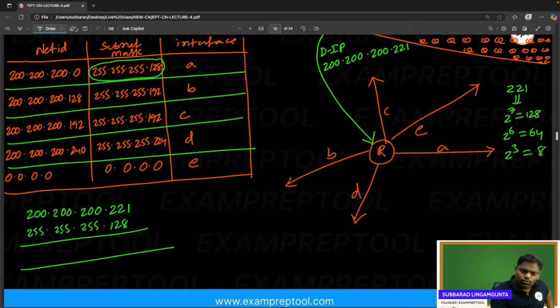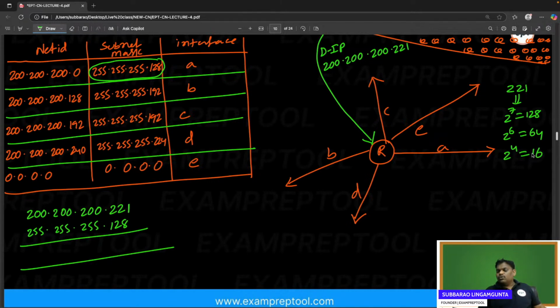So I want 221. Let's see, 128 plus 64 is 192. Can I add the next number, 32? 192 plus 29 is required, but 32 is no. So 2 power 4, 16.